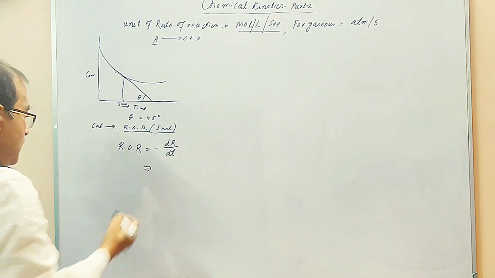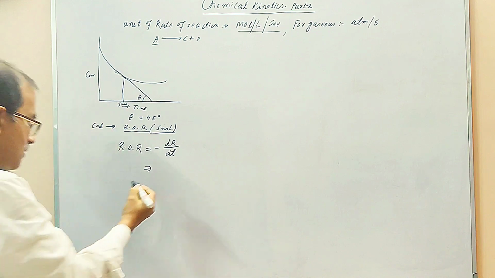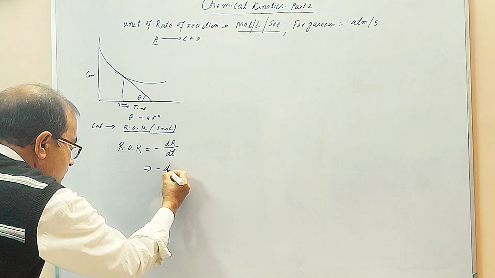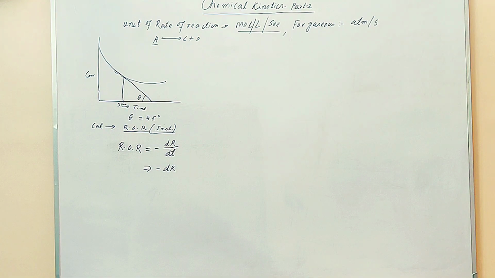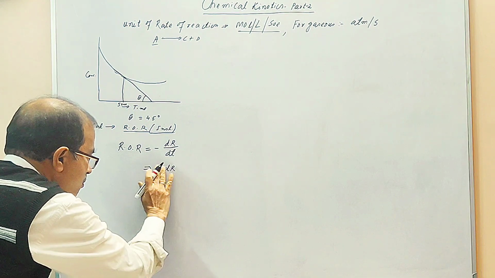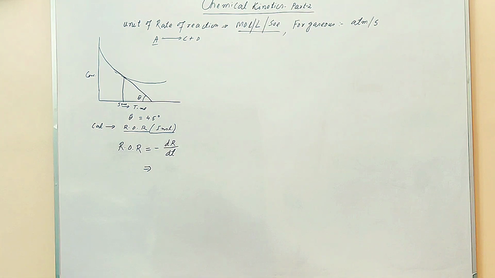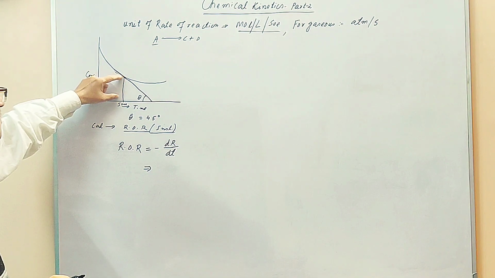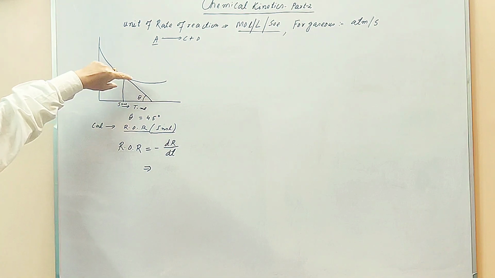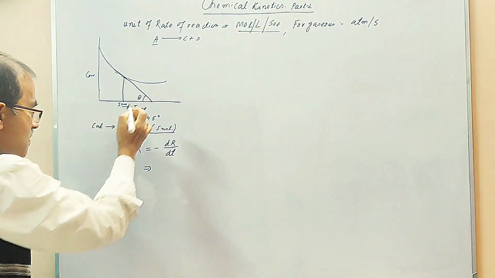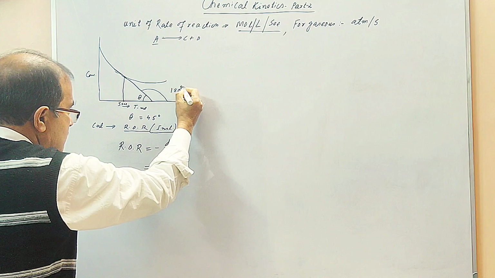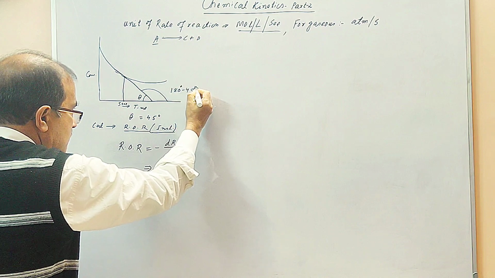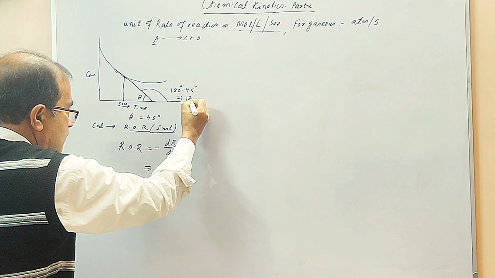Here dR by dt is given by the slope, theta. So dR by dt means this minus this divided by this, but if we say the slope, then it will be 180 minus 45 degrees, that is 135.